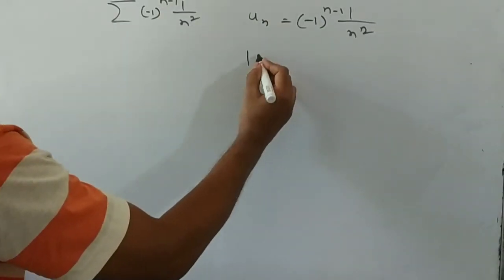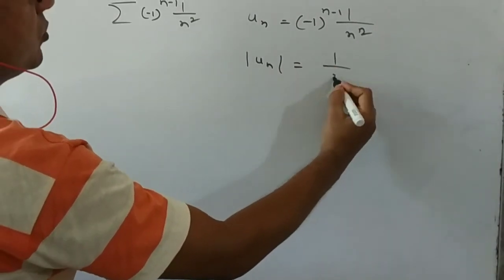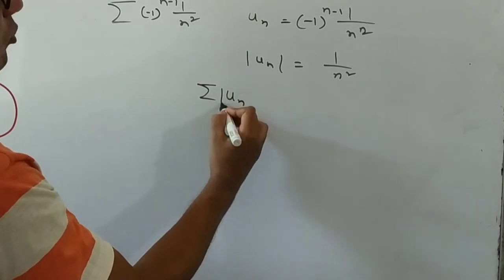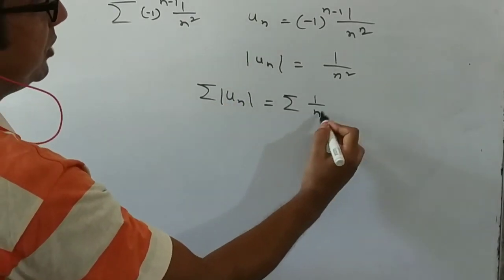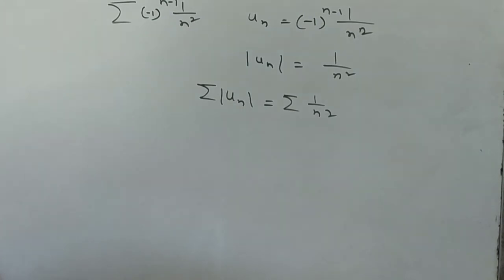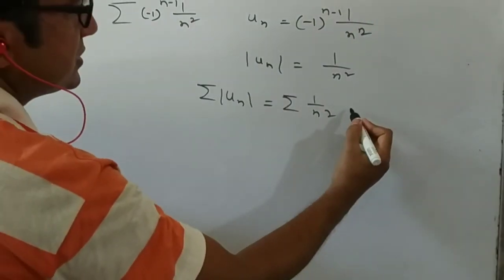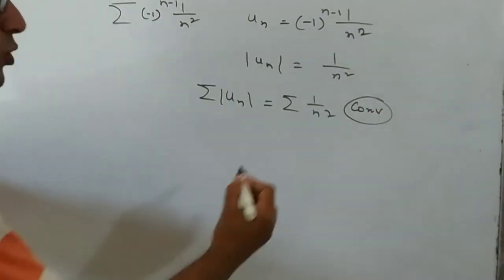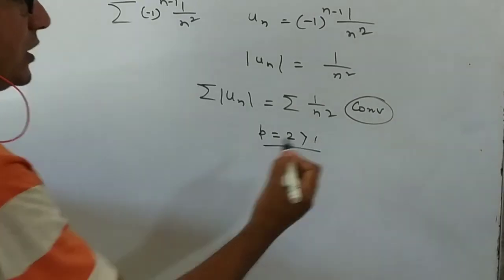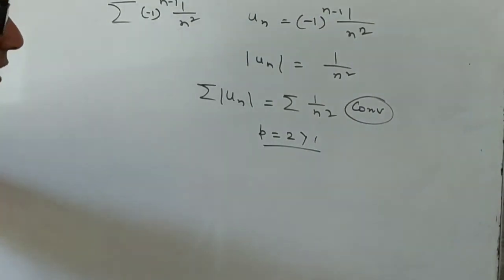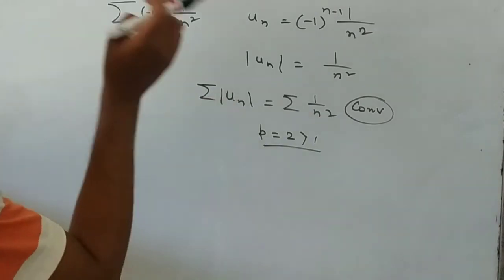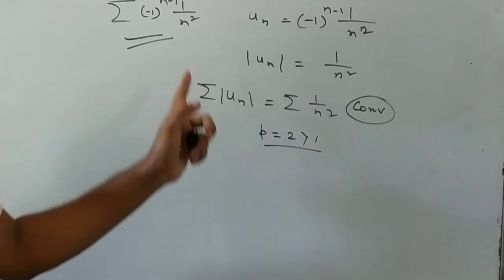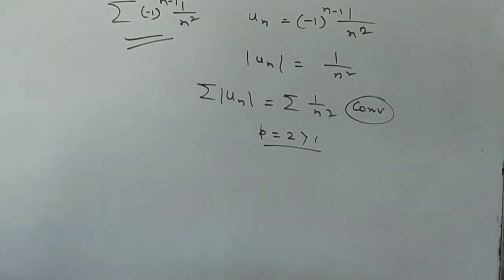Now mod un equals 1 by n square, then summation mod un equals summation 1 by n square, and this is convergent because this is a p series with p equal to 2 greater than 1. So this is a convergent series. That is, by applying the above theorem, this series must be convergent because the series is absolutely convergent, so the given series is convergent.